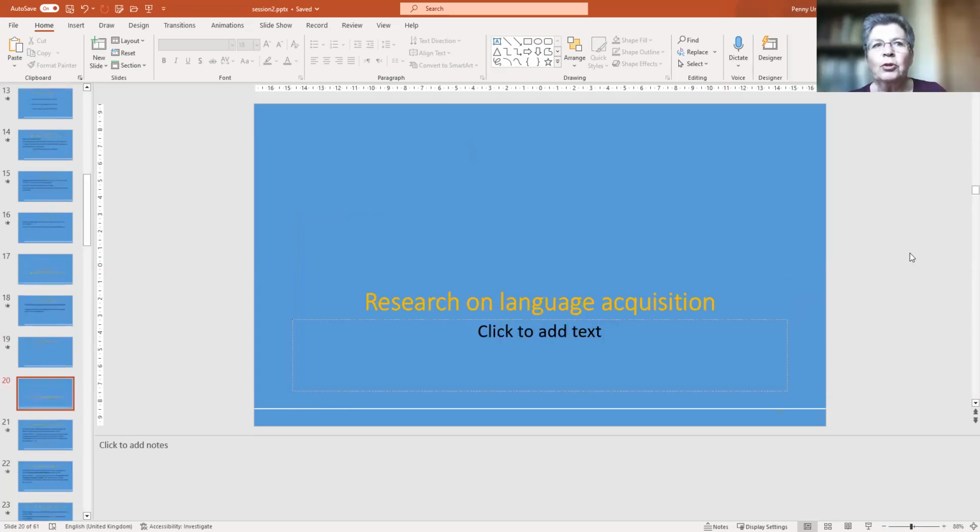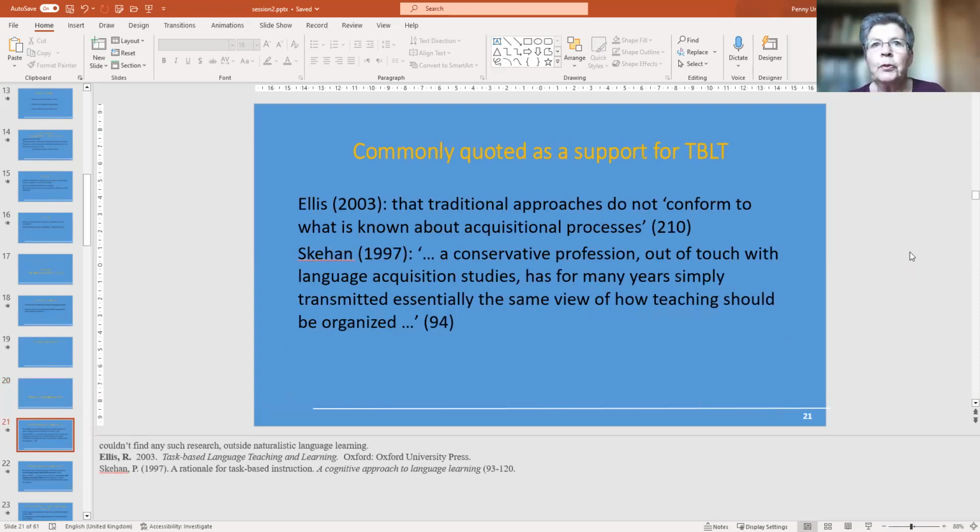It's based on two things I said: research on language acquisition and direct research on the method itself and its use in context. Language acquisition is often brought as a rationale for TBLT. Ellis, for example, says traditional approaches, PPP, very often contrasted with PPP, which I'll come on to later, do not conform to what is known about acquisitional processes.